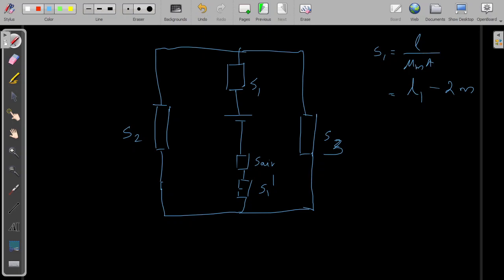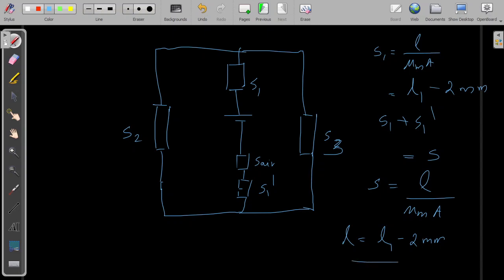That means this S1 plus S1 dash, I'm combining them, that is equal to S. So S will be equal to L by mu A, and this L will be equal to L1 minus 2 mm.